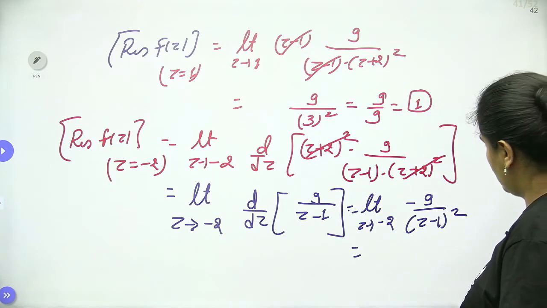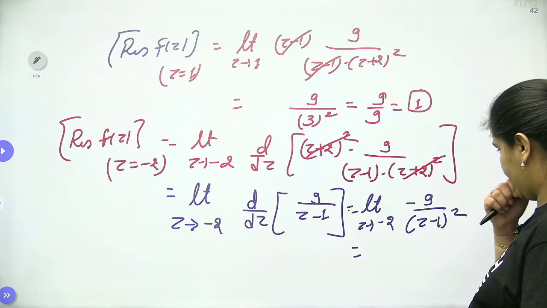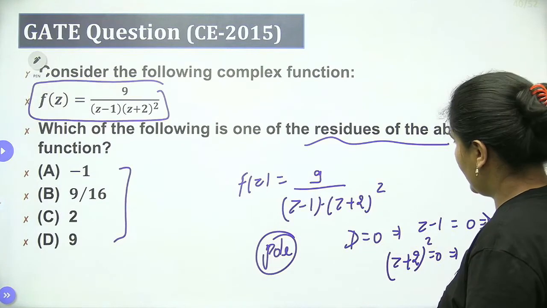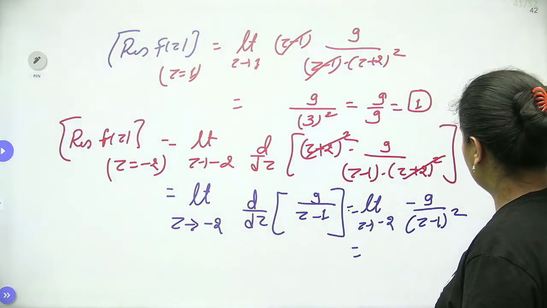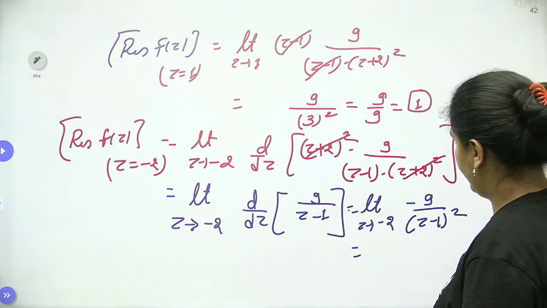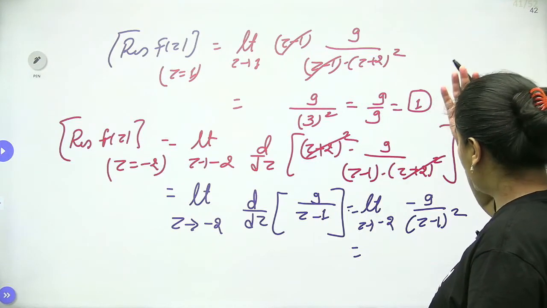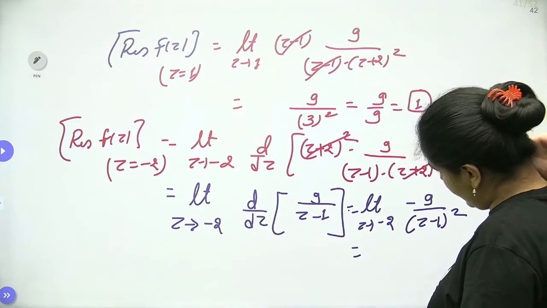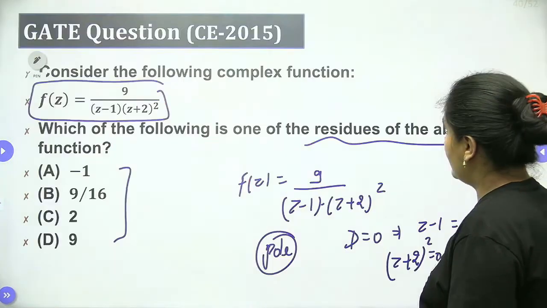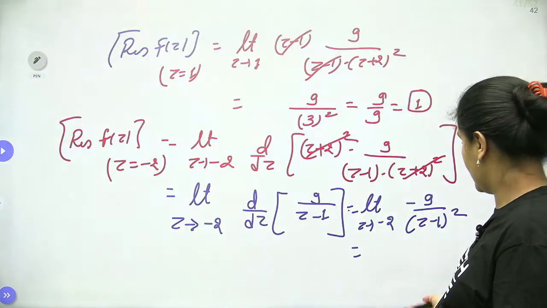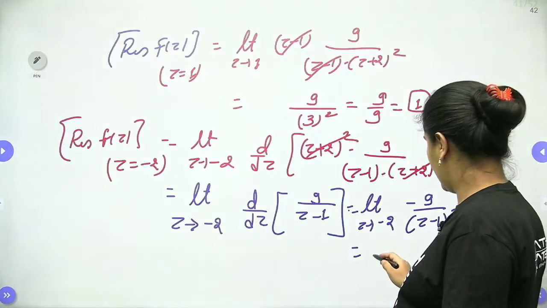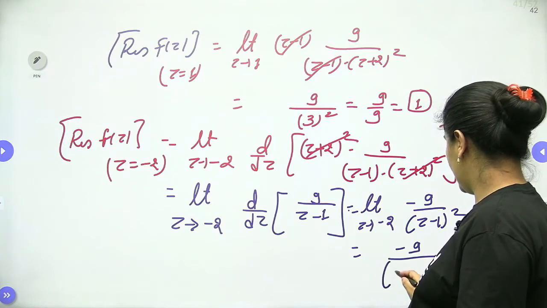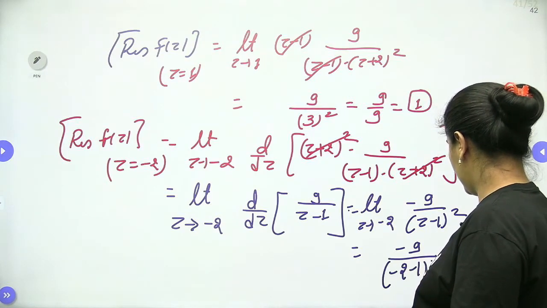Okay, let's check what happens. When we approach here, it will be minus 9 divided by (minus 2 minus 1) whole square.